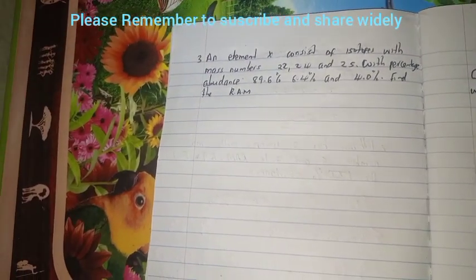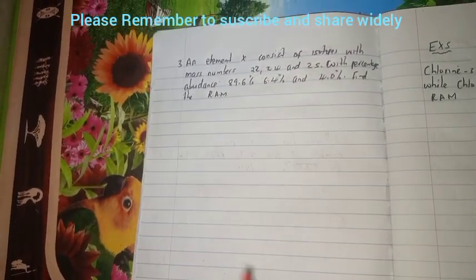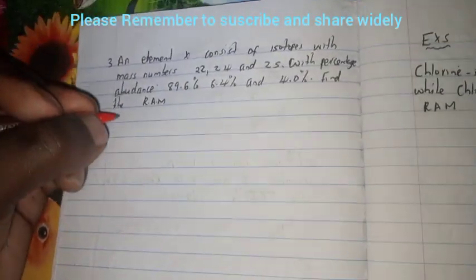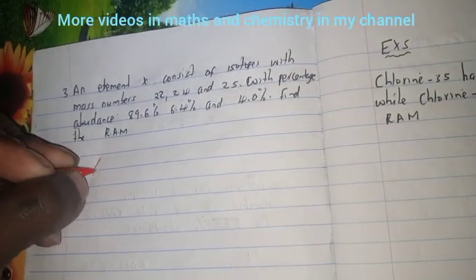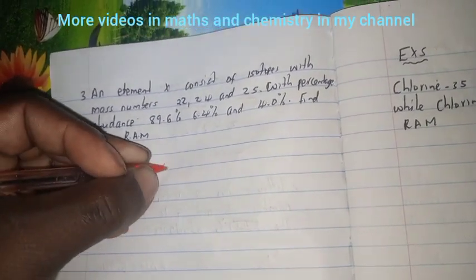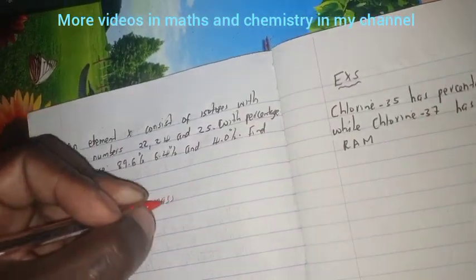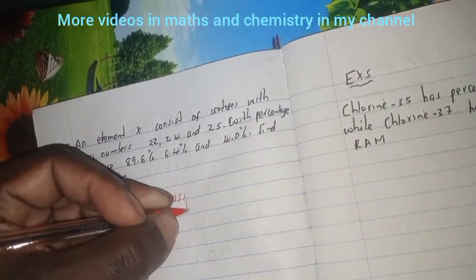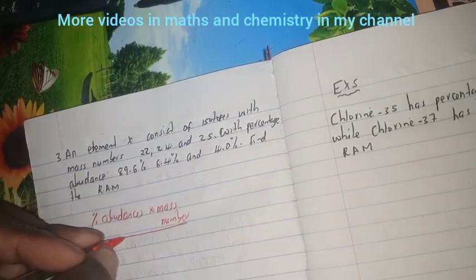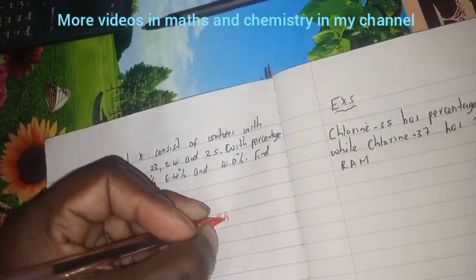Maybe you can pause for a moment and try that one out. Now for this one, we just utilize this formula where we say the percentage abundance multiplied by mass number, all this divided by 100, should give us RAM.